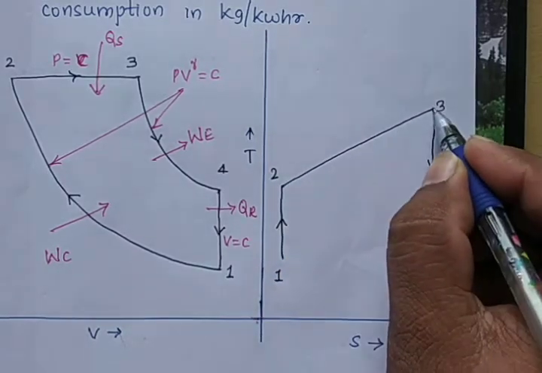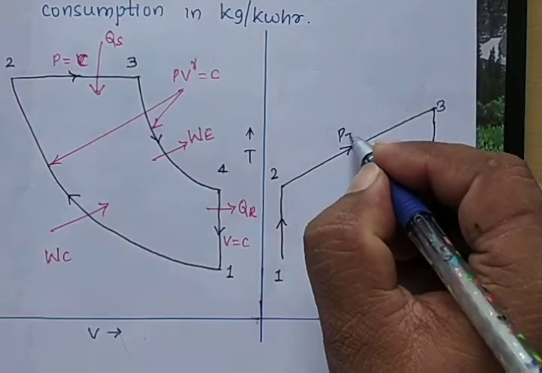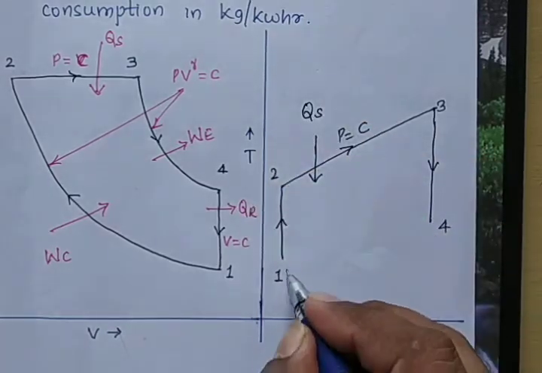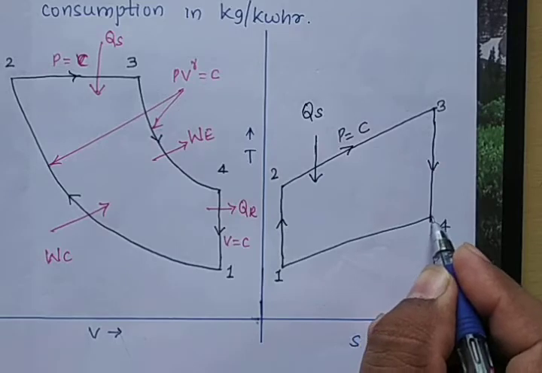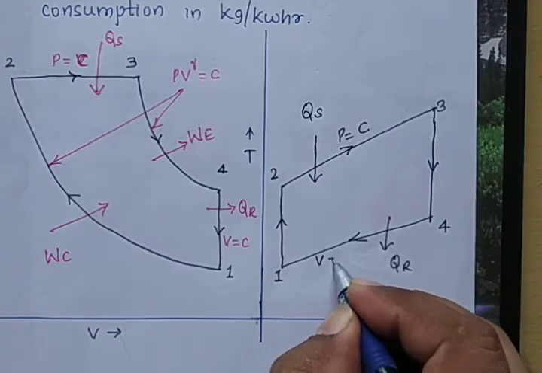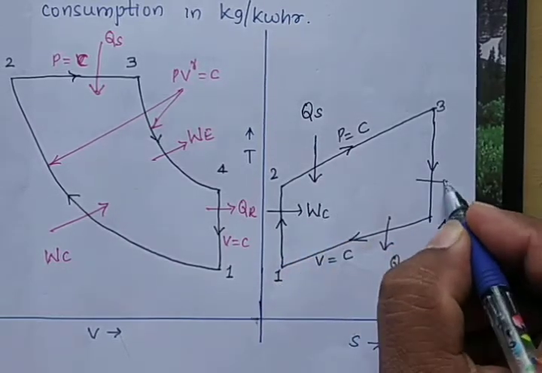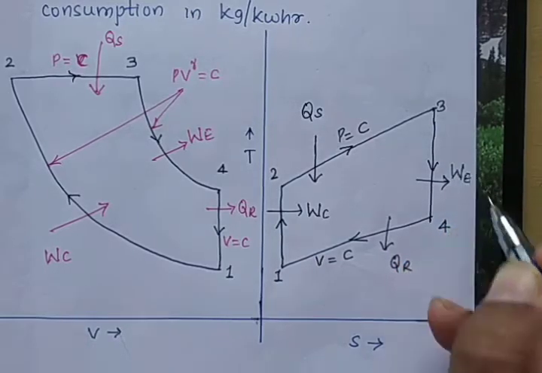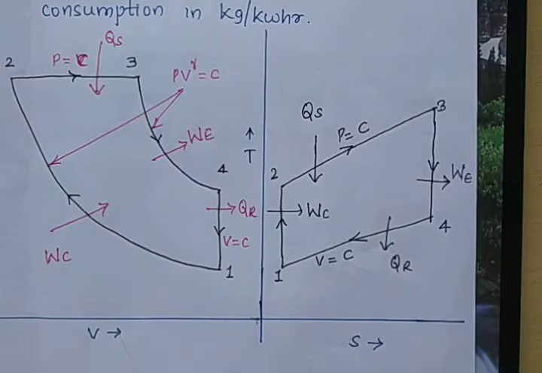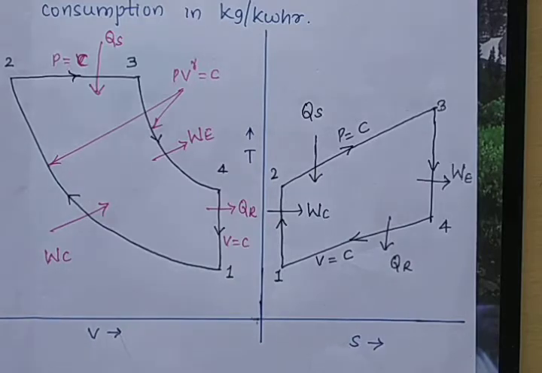When you join 2 to 3, it gives me the constant pressure process where heat is added, and then similarly 4 to 1 where heat is rejected at constant volume. For the work of compression and the work of expansion, 1 to 2 and 3 to 4, entropy remains constant. We have drawn the PV and TS diagram of diesel cycle.